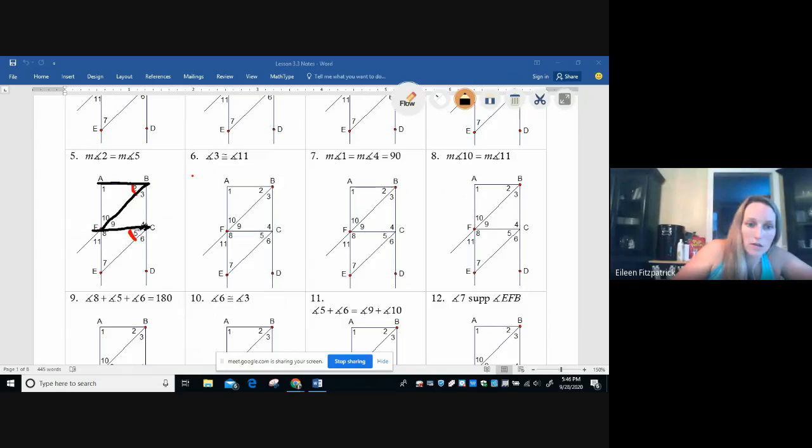Here and here. Do the two angles share a common side? They don't, right? They don't share a common side at all. So not enough info. This is an example where if they don't share a common side, that means there's no transversal. So they're not going to have any of those angle relationships we're talking about. Let's look at number 11.